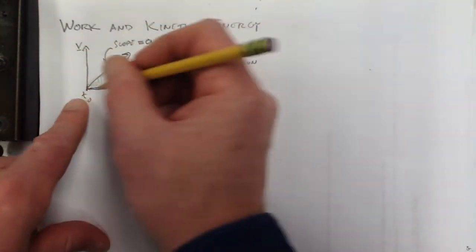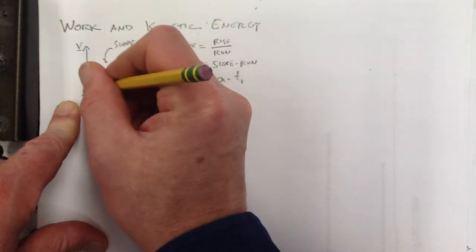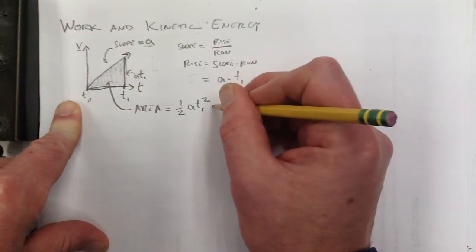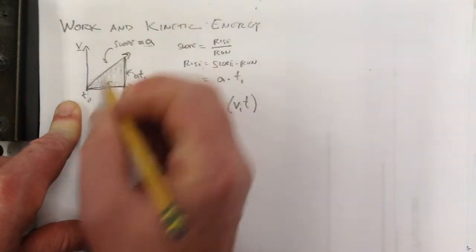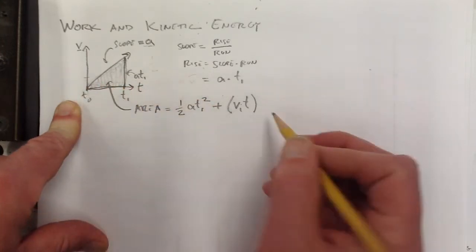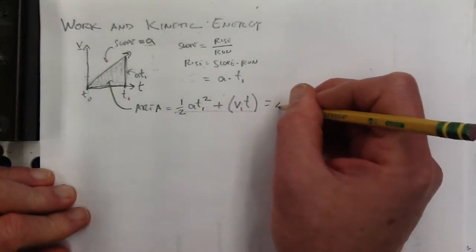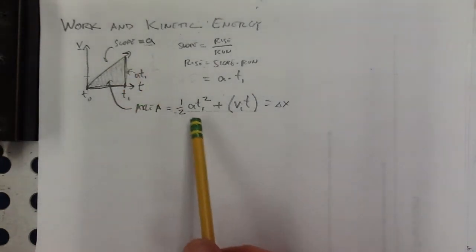If there was, then this area would be sitting on a rectangle that would be vi high and t1 wide, so I'm just going to put that in parentheses here. If this was raised up, there would be a rectangle underneath it that was vi high and t1 wide. And that should look real familiar. That's your displacement.